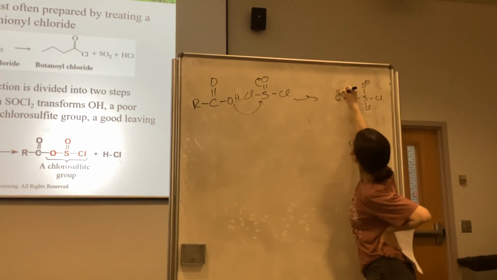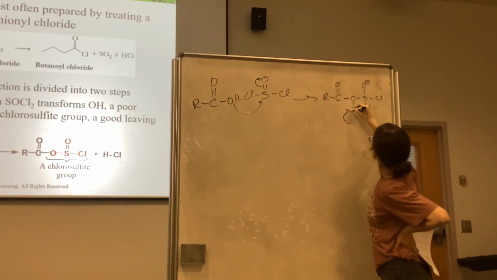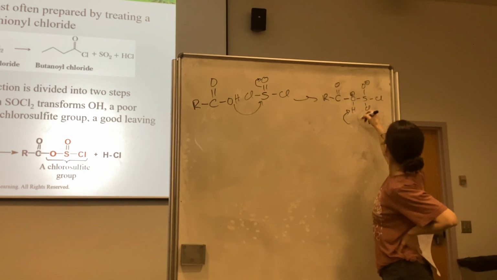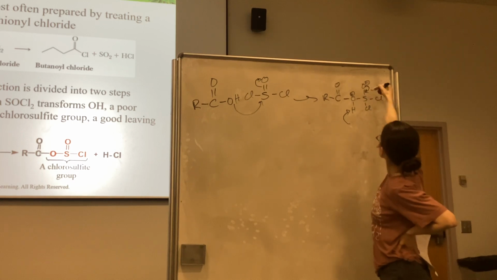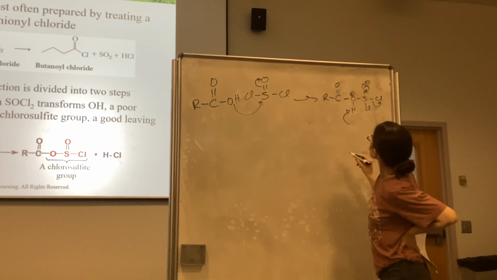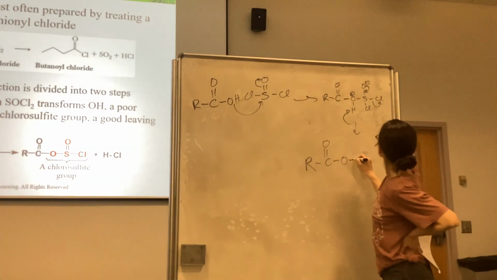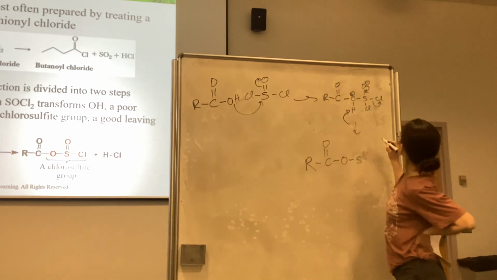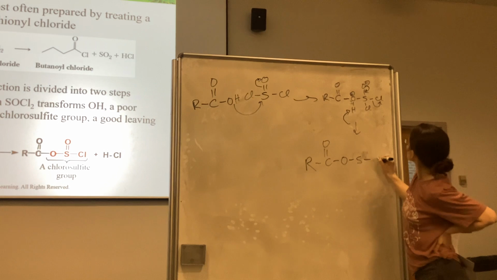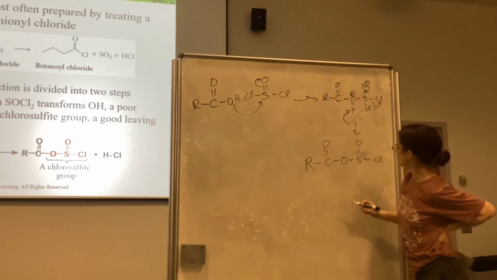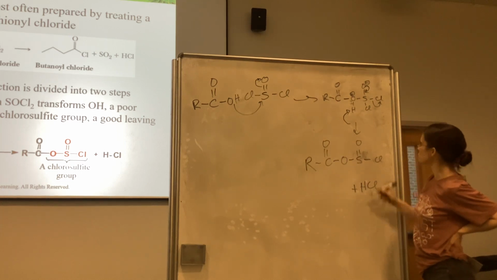I guess we would have this in between here, and then this would get deprotonated by something, and this would reform the carbonyl and kick off one of these, and we would get the acid chloride.